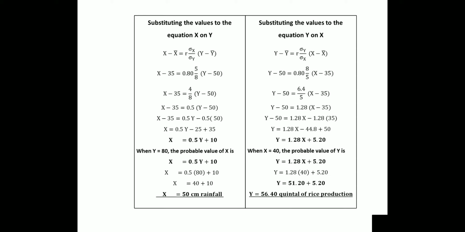So x minus 35 will be 0.5 into y, that is 0.5y, and 0.5 into minus 50, that is minus 25. And now the minus 35 on the left hand side will come to the right hand side of the equation, and the final equation will be x is equal to 0.5y plus 10.